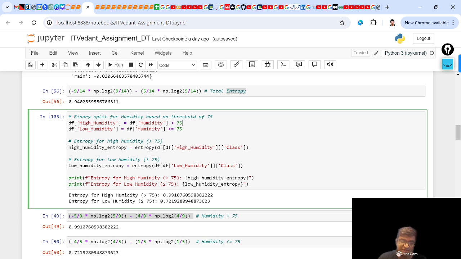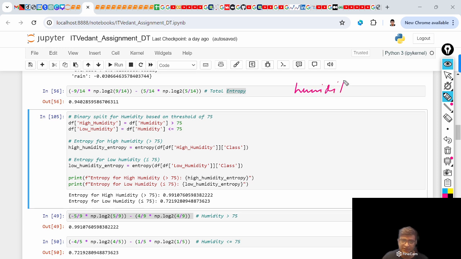In the binary split, for a numerical column the computation is expensive. If I have a numerical column, like humidity in this case, we need to first sort out the values. For example, I've already sorted them: 20, 40, 60, 80, 100.